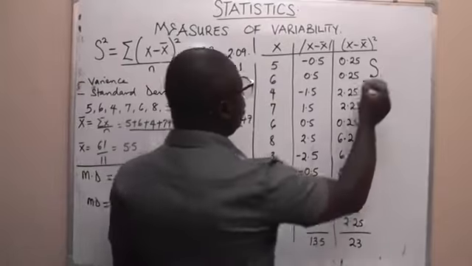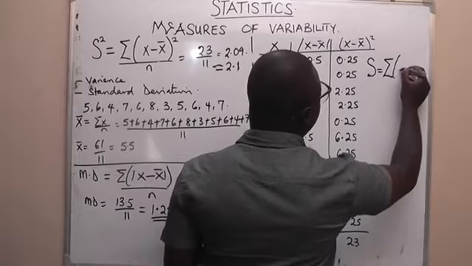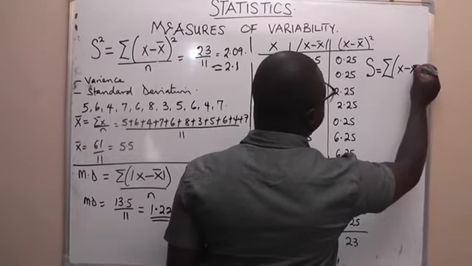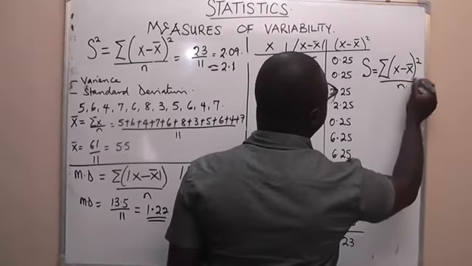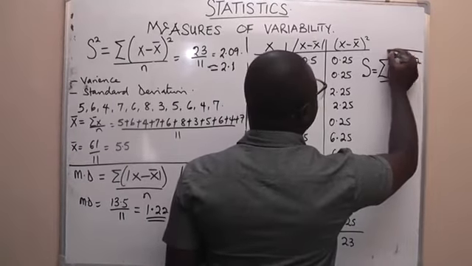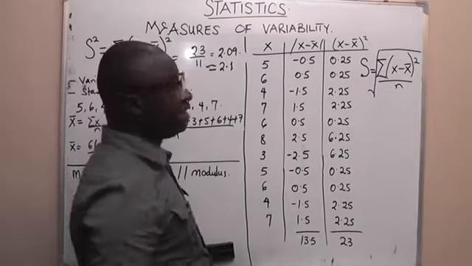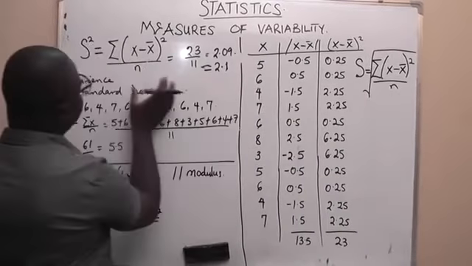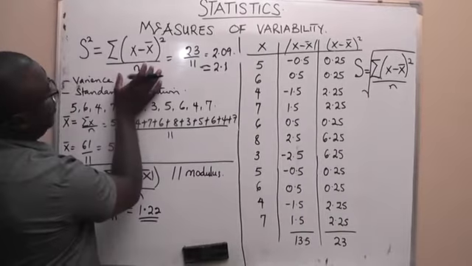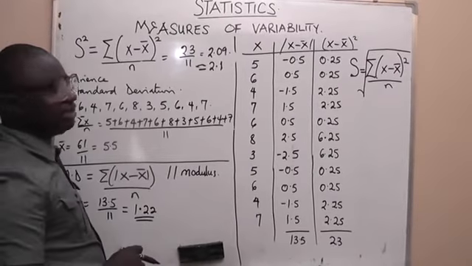So S equals the square root of the summation of (x minus x bar) squared, all over n. Do you notice the difference between this and this is that this does not have a square root, but that one has a square root.